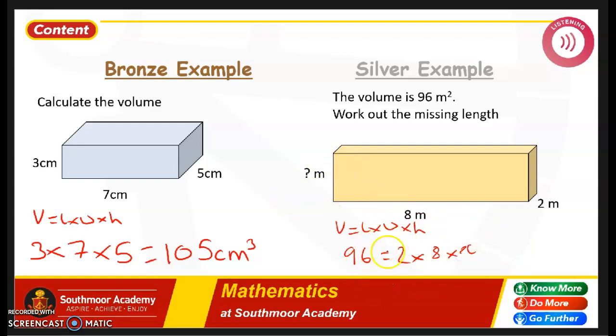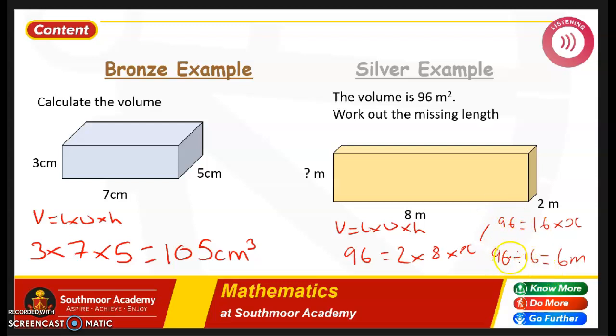In order to get x, we're going to say that 96 equals 16 times x. All I've done there is 2 times 8. Then to get x by itself, we're going to do 96 divided by 16, which is equal to 6 metres.